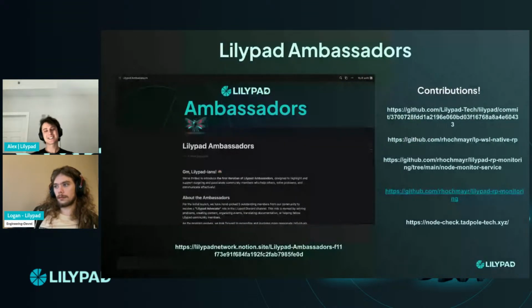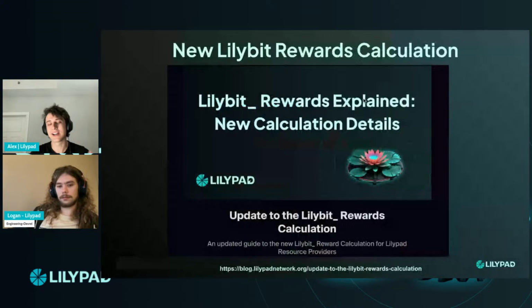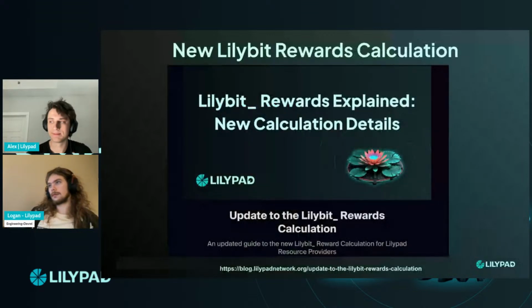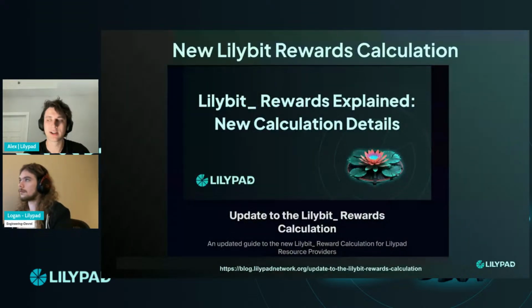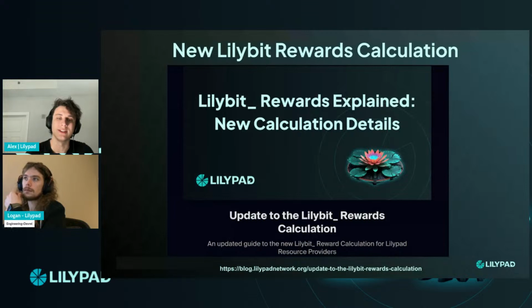But anyway, the next exciting thing to talk about is our new rewards calculation. When we launched the Lilybit program, the base for how to calculate rewards was hash rate. So you run a proof of work once or twice every hour, and we take that hash rate and cross-reference it with the daily uptime multiplier that I mentioned before, and that determines how many points you get.